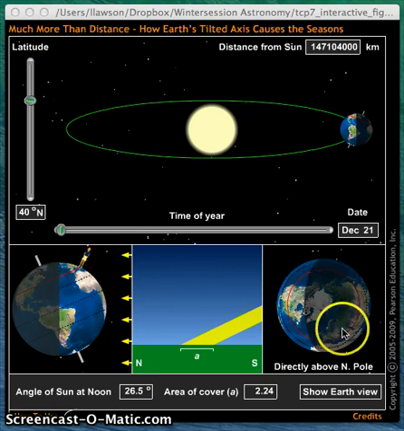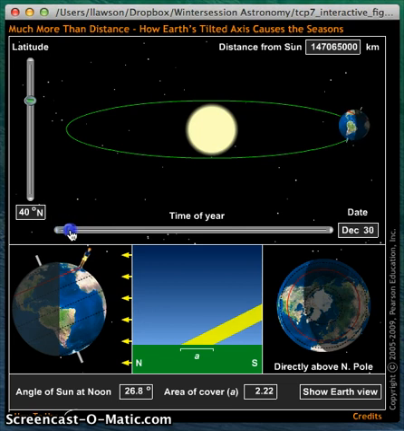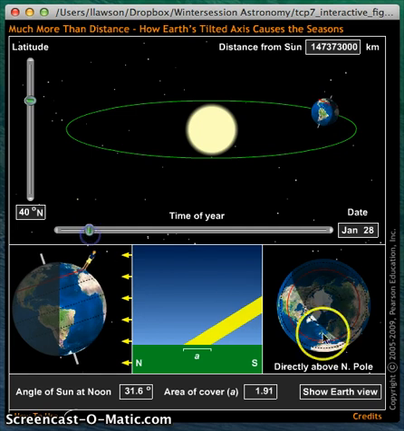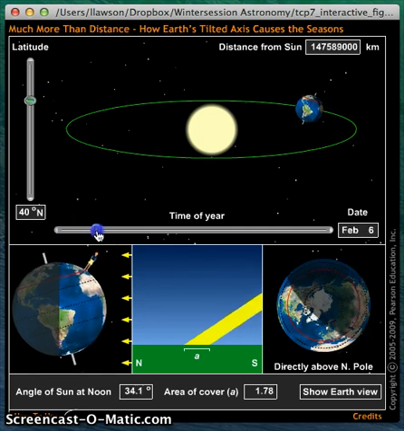We can also look and see what the North Pole looks like during this time as well. So let's start running this. As we move this, notice that the North Pole at this time of year, in this lower right-hand corner, isn't ever seeing any sunlight.